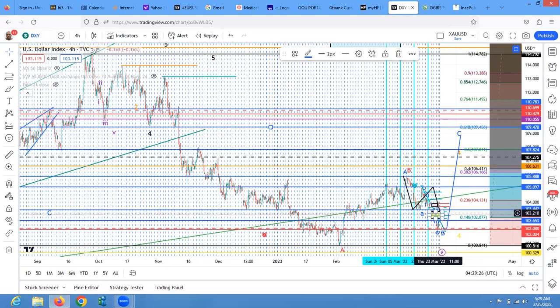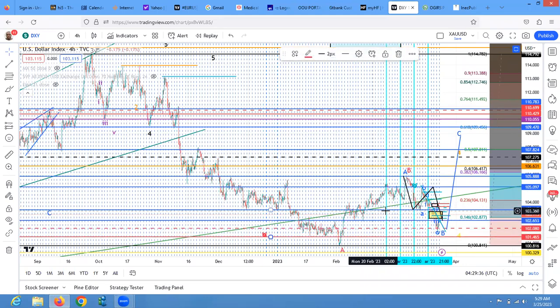So we expect that, okay, B will go to this area or this area before we turn down to finish up C in the red to the downside before we turn up. That was what we're thinking.